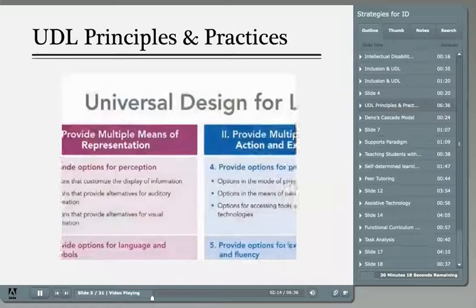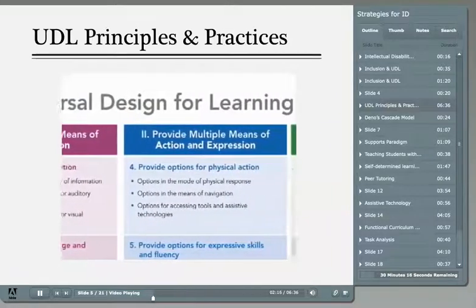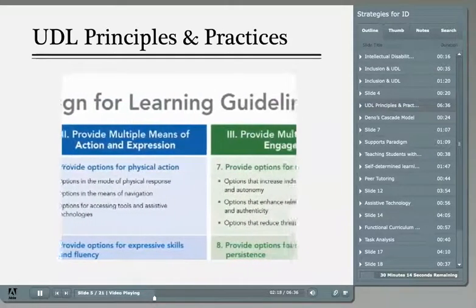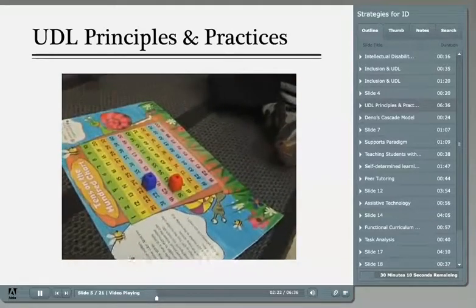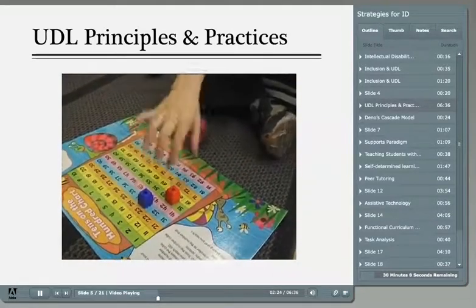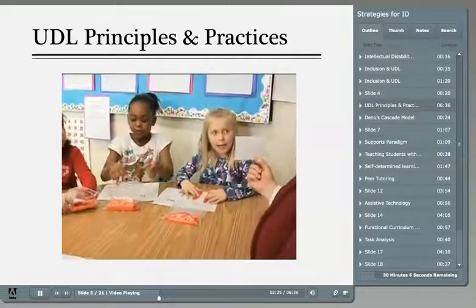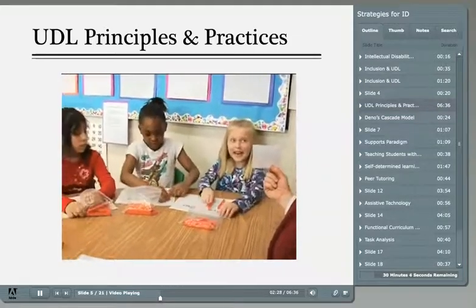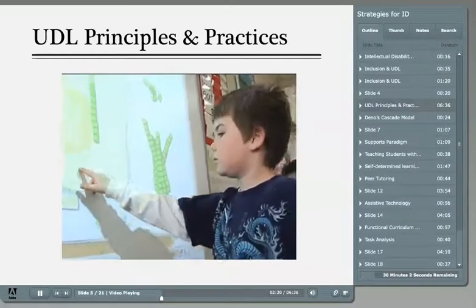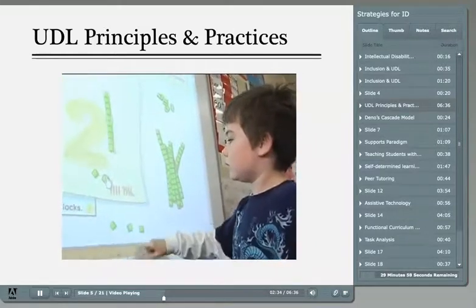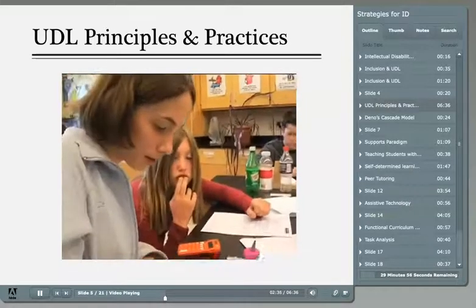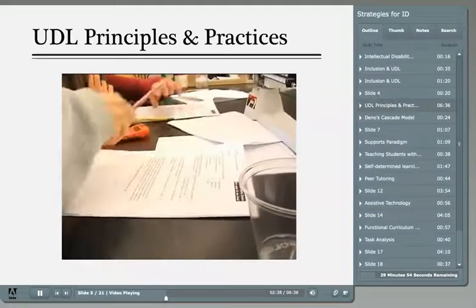The three principles of universal design for learning come from careful analysis of what learning really is, and particularly the research that has been done by thousands of other researchers in cognitive science, cognitive neuroscience, neuropsychology, which have carefully looked at what comprises learning. How does learning really work? And what are its differences among individual learners?